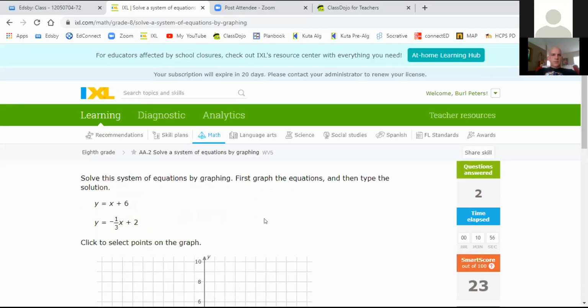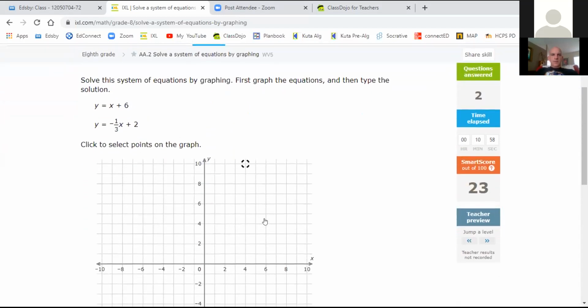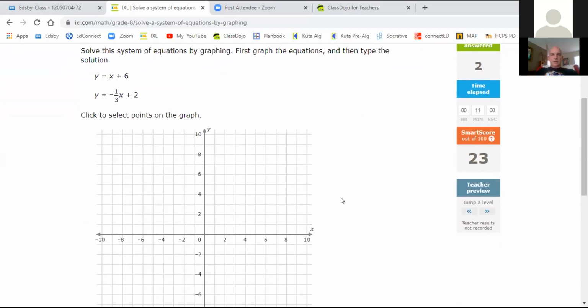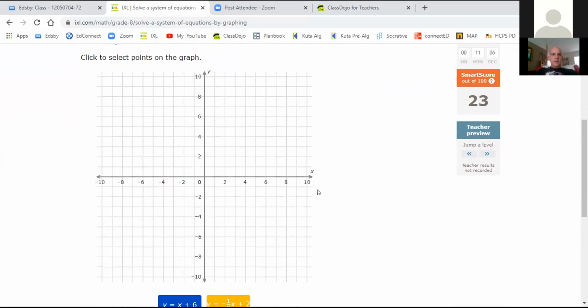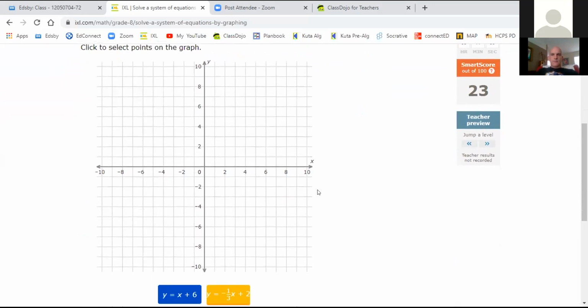All right. So these don't really get significantly harder or more difficult. As long as you have an understanding of how to graph, these should go fairly quickly. So I'll just do this one real quick. So +6, slope of 1 there on the 1x. All right, so up 1 over 1.